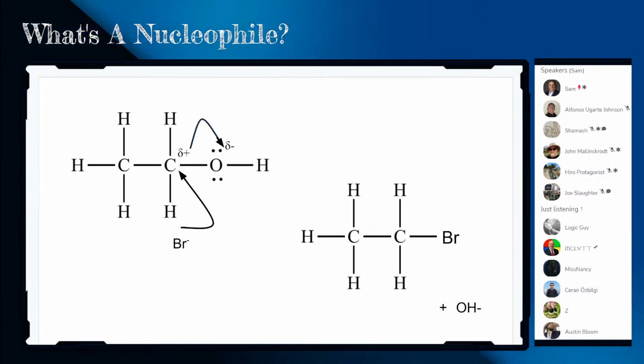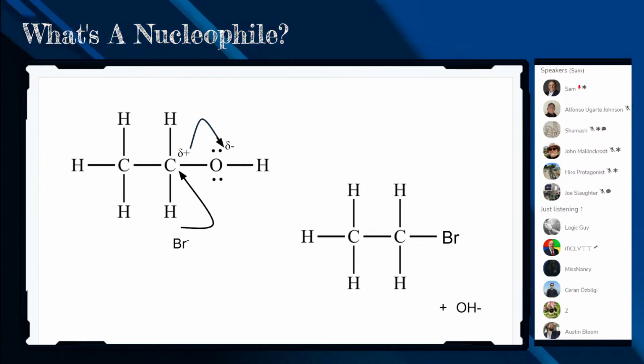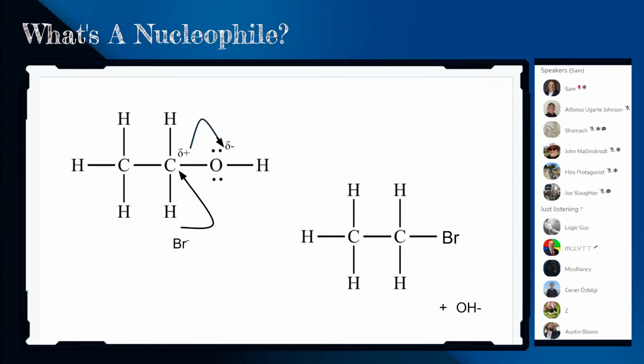Hopefully, after we talk about all this preliminary stuff in greater detail, we can go back and talk about the difference between SN1 and SN2 reactions, because if we can control which way it goes, that's very important for a synthetic chemist.